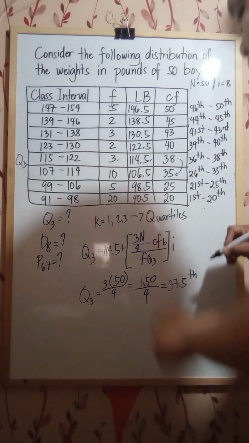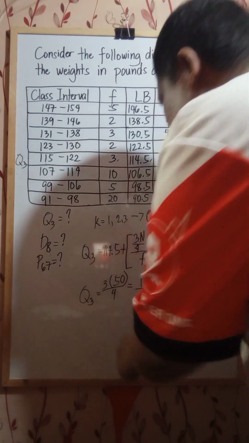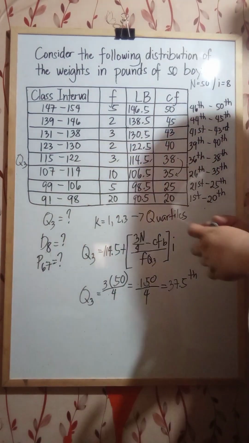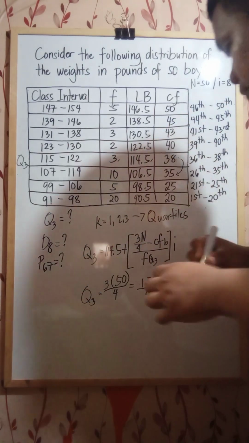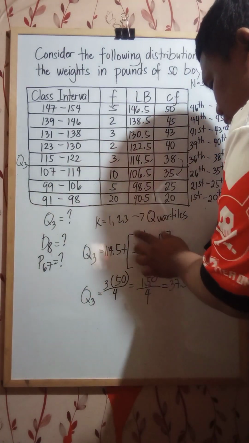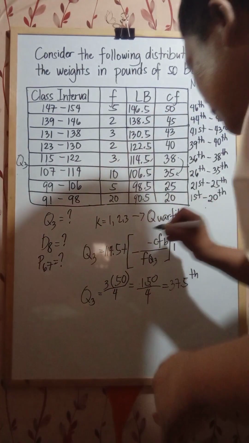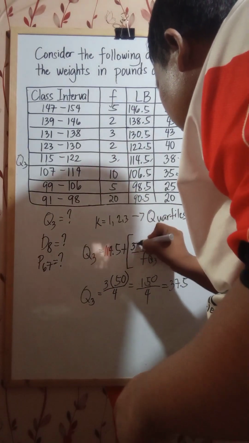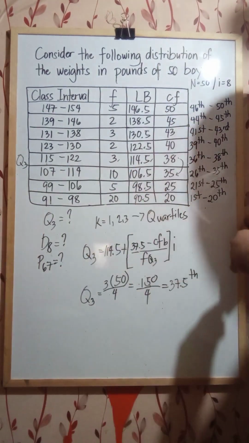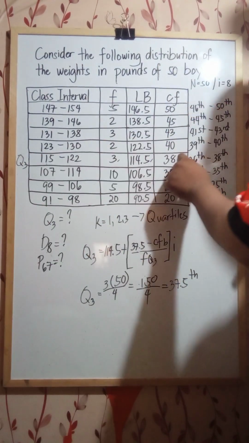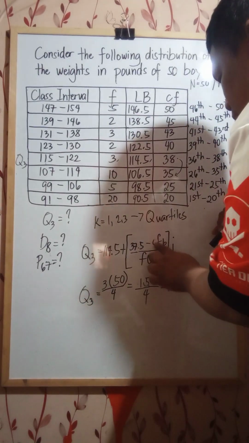Then we substitute, so that is plus. For the 3N over 4, we replace it with 37.5. Then minus the cumulative frequency before the Q sub 3 class, which is 35.